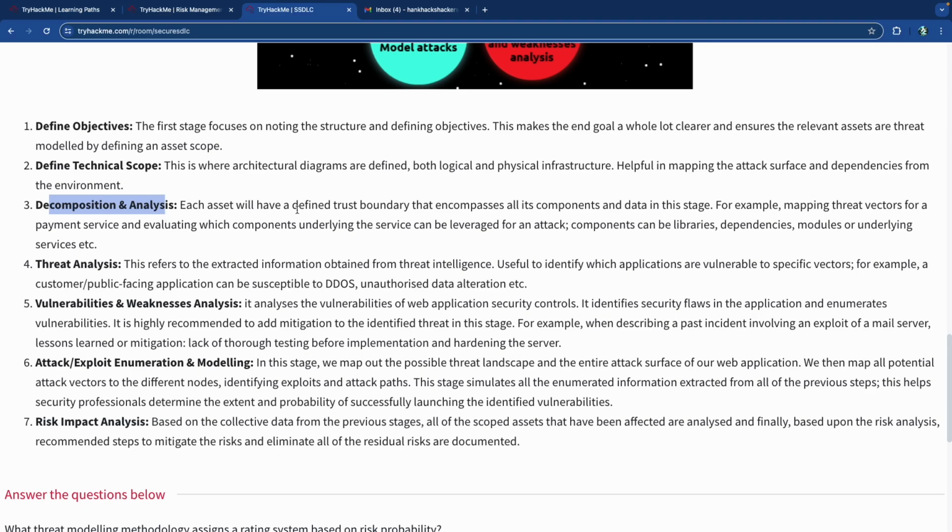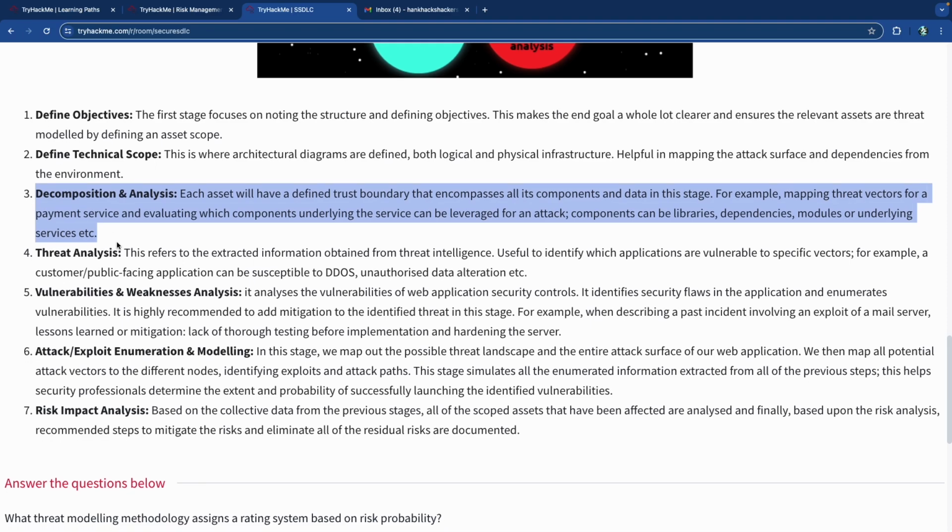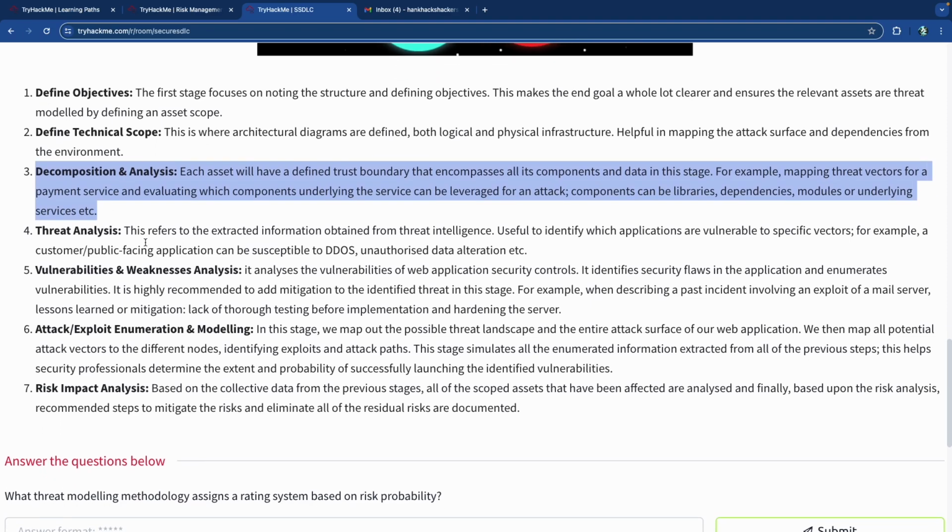So each asset will have defined trust boundary that encompasses its components and the data in it, and mapping the threat vectors for a payment service and evaluating which components underlying the service can be leveraged for an attack. And components can be libraries, dependencies, modules, or any service that's attached. All of those things could be found during the decomposition analysis stage.